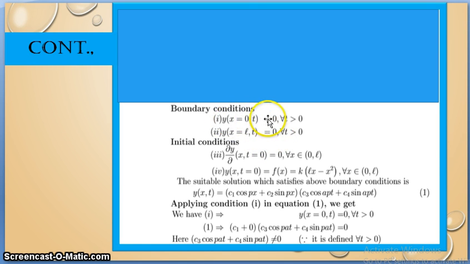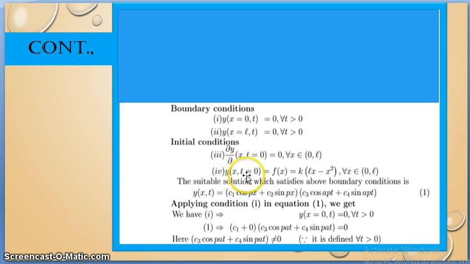Here I can mention x equal to 0, x equal to L. These are identifications when substituting from the problem. So y of (0, t) equal to 0. Next y of (L, t) equal to 0. These are the boundary conditions.